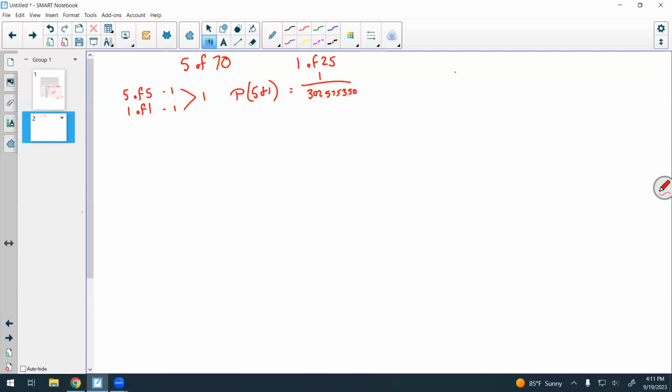Now, how many ways can I take 5 of 70? That's 70 factorial over 70 minus 5 factorial, 5 factorial. 70 times 69 times 68 times 67 times 66 times 65 factorial over 65 factorial times 5 times 4 times 3 times 2 times 1.